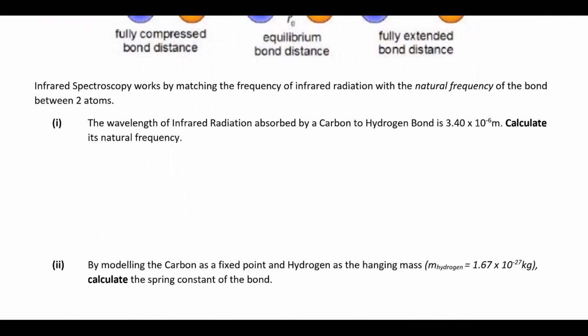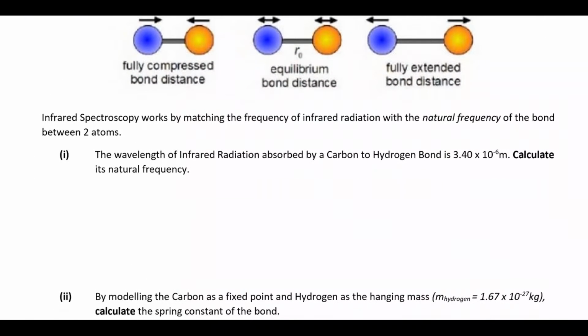So infrared spectroscopy is a way of measuring what the frequency or the wavelength of the bond's vibration is. So a particular atom with a carbon-hydrogen bond absorbs this particular wavelength of infrared. Now what we want to know is essentially what frequency is that.